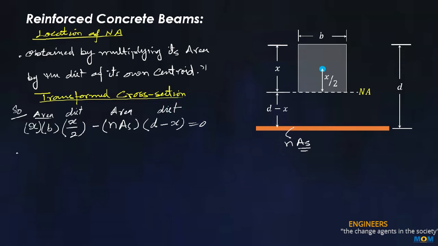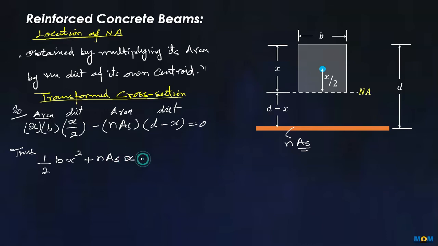Now we can write this as 1/2 bx squared plus nAs x minus nAs d equals 0.